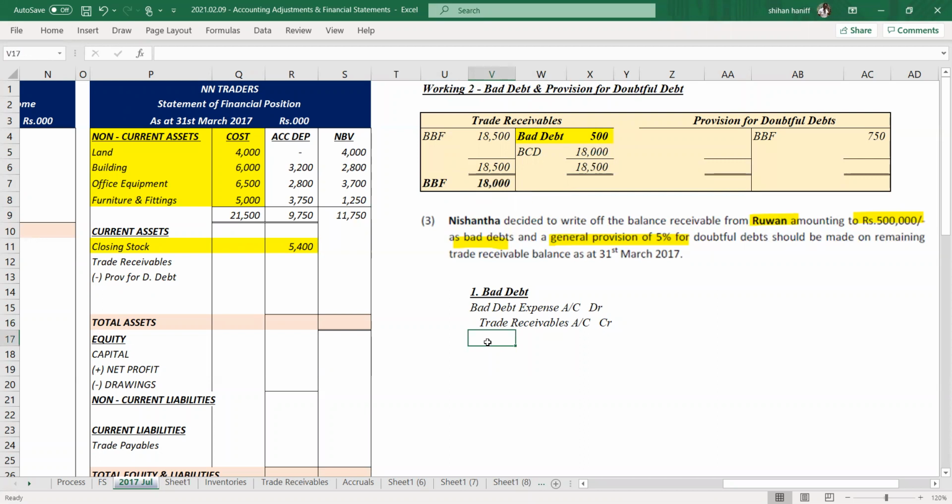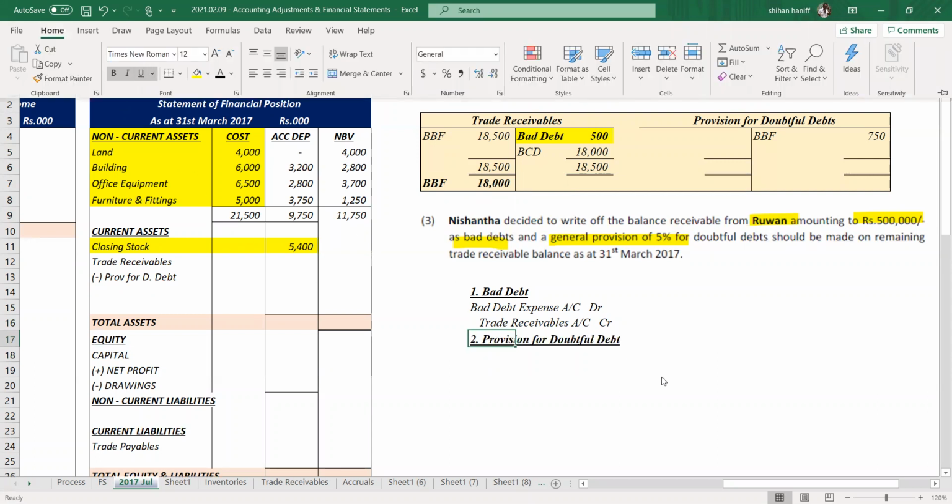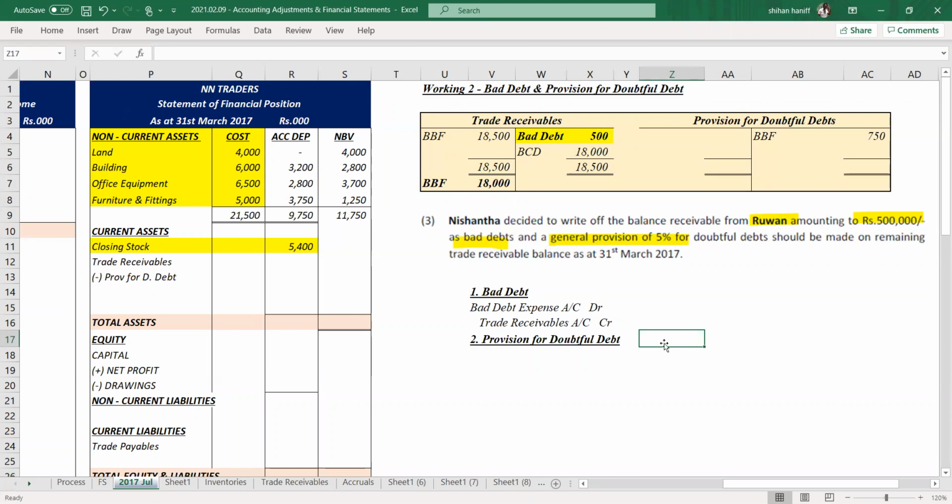Now the second step. Step 2, provision for doubtful debt. Now we need to calculate the provision. How much is 5% from the remaining? 10% is 1,800, 5% is 900.